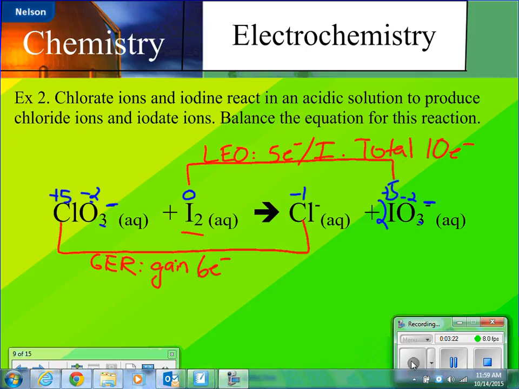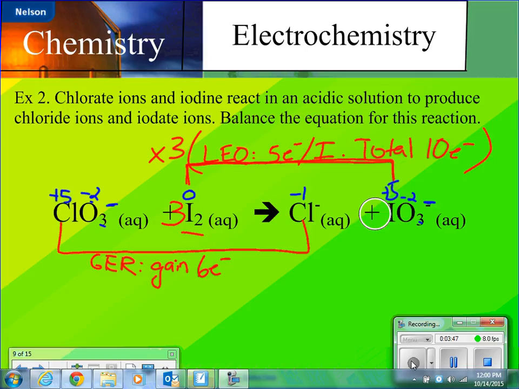So we have to multiply our half reactions to give us a total of 30 electrons. So what do I need to multiply the oxidation by? 3. So I'm going to multiply this by 3. So everything that's part of this half reaction, I'm going to multiply by 3. So this becomes 3I2.